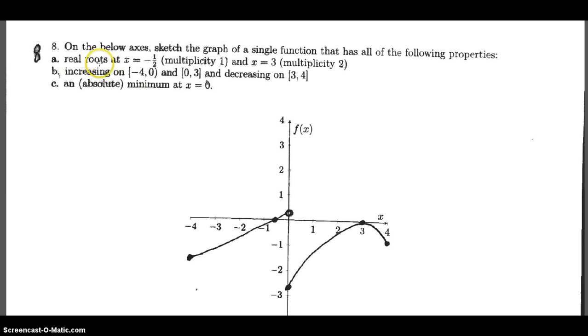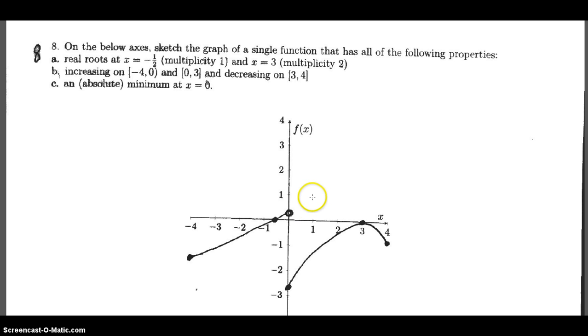Now here I just put real roots at these two values. So I guess you could have, well, no, I guess you couldn't have. So if we continue to increase from x equals -1/2, we're going to go above the x-axis. So by the time we get to x equals 0, we cannot have a root there.